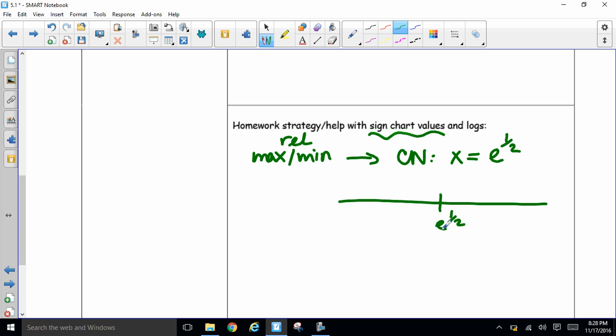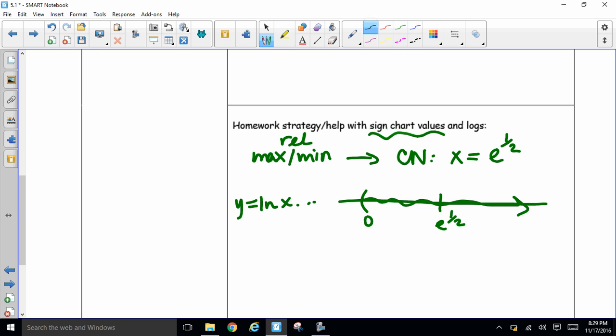And a good choice, a safe choice would be to pick 0. But you also can't pick 0 if y has something to do with natural log of x and then some other stuff. Then you can't pick 0. You'd have to again remember how we kind of talked in earlier units about domain and think through that.